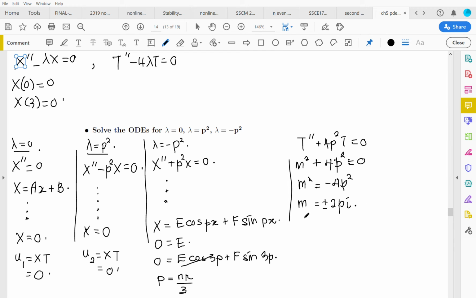Okay, so we will have the solution for T here, complex roots. So T in terms of small t, the solution is T equal to g cos 2pt plus h sin 2pt.